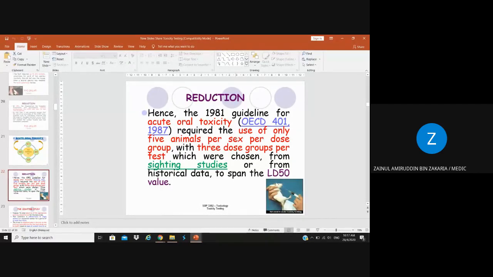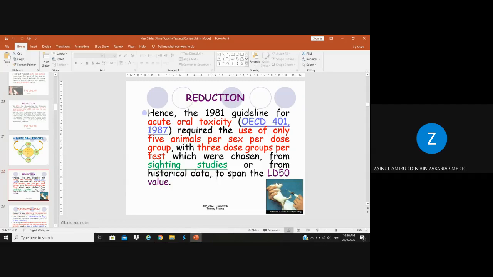Either it is based on historical data, meaning there is a report that compound A or substance A has been causing toxicity to chicken, for example, causing death due to accidental exposure at 300 milligram per kilogram. That is what we mean by historical data.